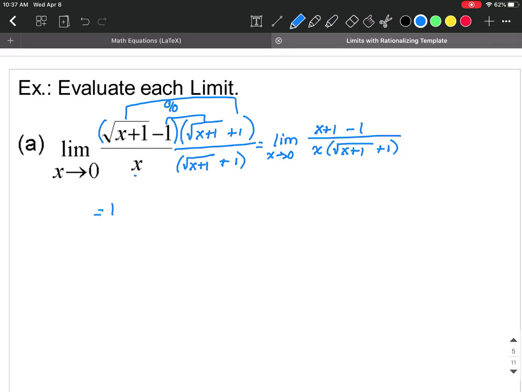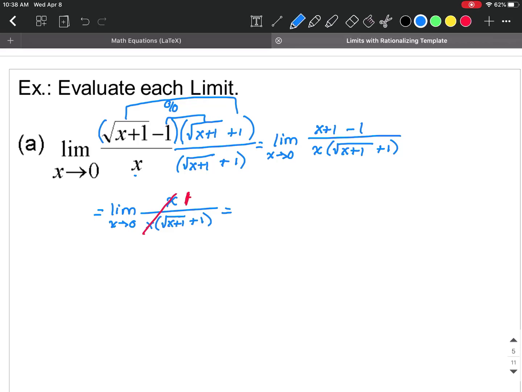So now we have the limit as x approaches 0 of x plus 1 minus 1, which is just x, all over x times the square root of x plus 1 plus 1. Can you see why I told you not to multiply out the bottom? Because now I can divide to a positive 1 this time.